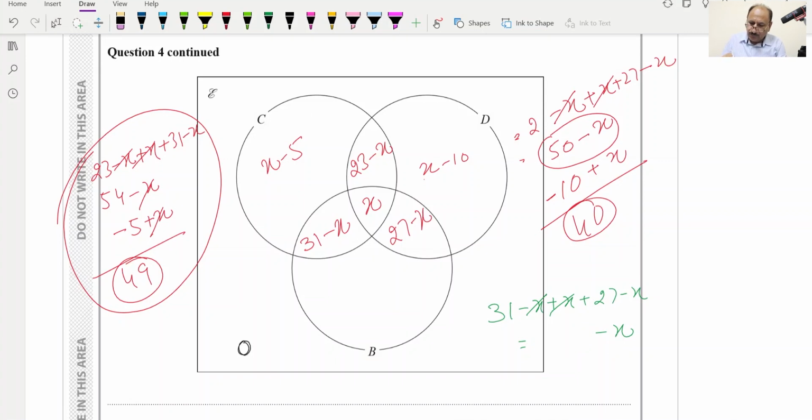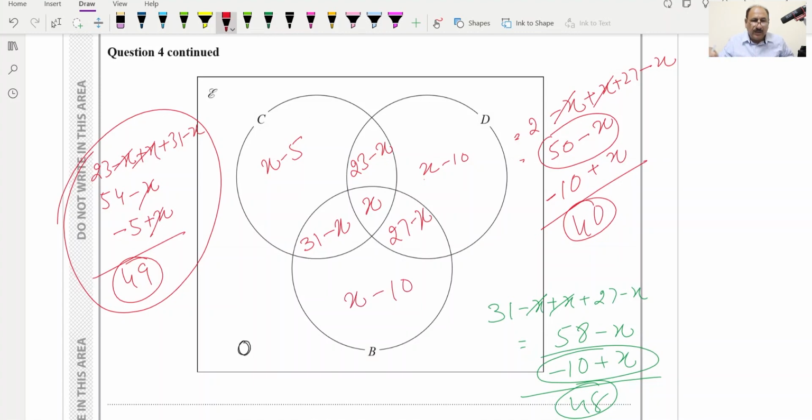So again we made a mistake, it is basically 58, and we require 48, so we have to subtract 10 and plus x, resulting in 48. Our value x minus 10 will be written over here, and this is how we have completed the Venn diagram.